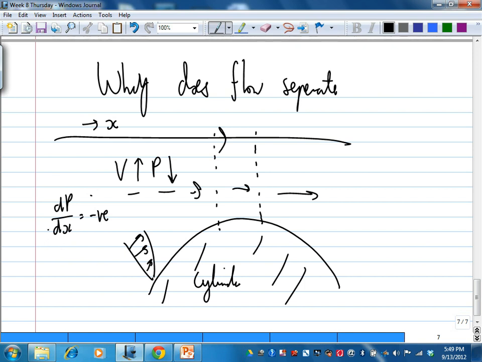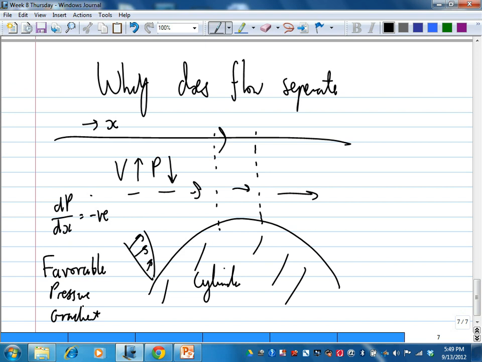Velocity going up, pressure goes down. So dp dx is negative, pressure dropping. This I'll call favorable pressure gradient. Why favorable? I'll tell you later.